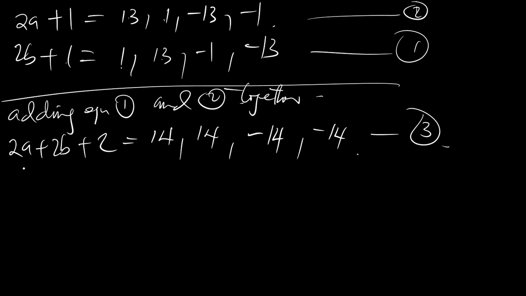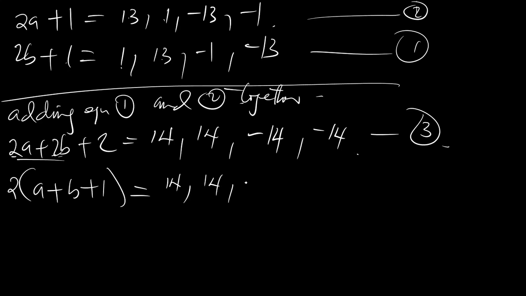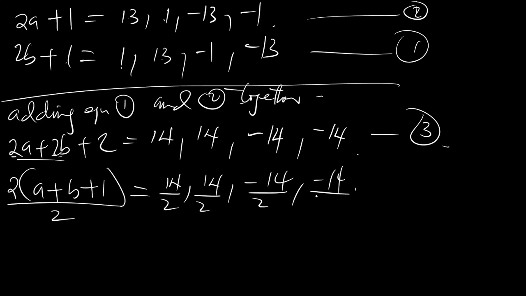Now 2 is common here. You have 2 into a plus b plus 1 equal to 14 or minus 14. Now divide both sides of the equation by 2. These two cancel out.